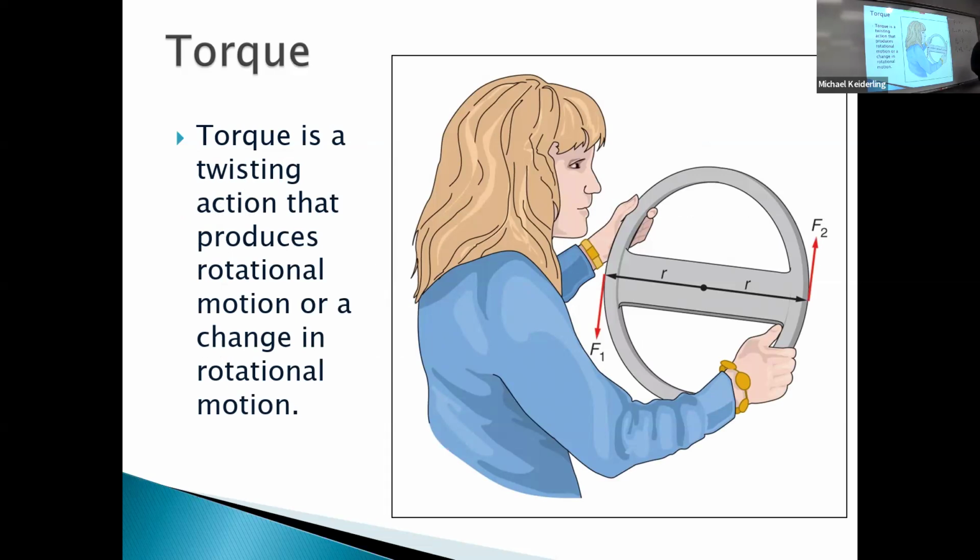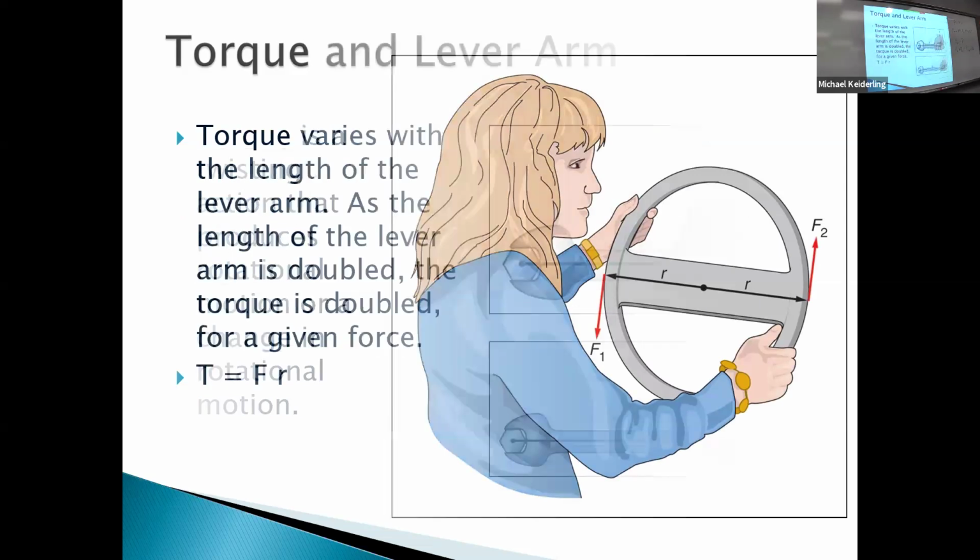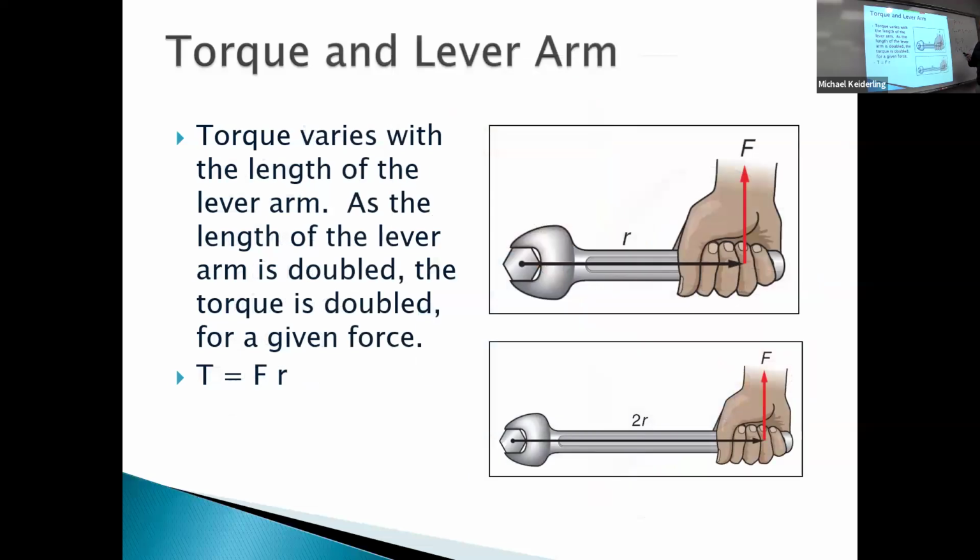When you have a wrench, you apply a force at the length of the wrench, a radius. So torque varies with the length of the lever arm. You may have noticed if you use a bigger wrench, it's easier to turn what you're trying to turn. You can get it tighter or you can get it loose if it's really tight. So as the length of the lever arm is doubled, the torque is doubled.